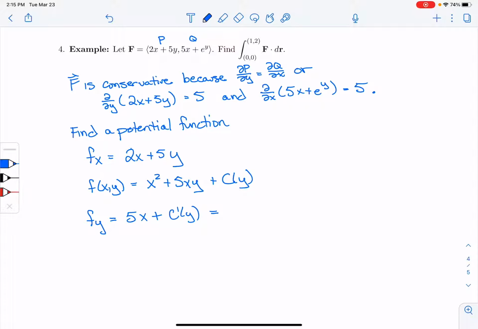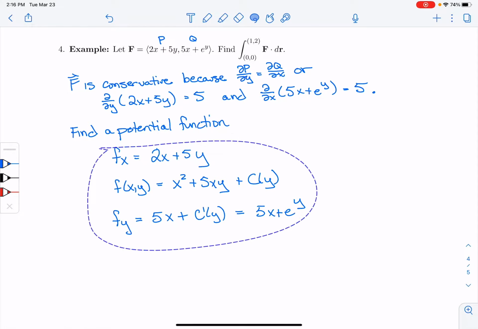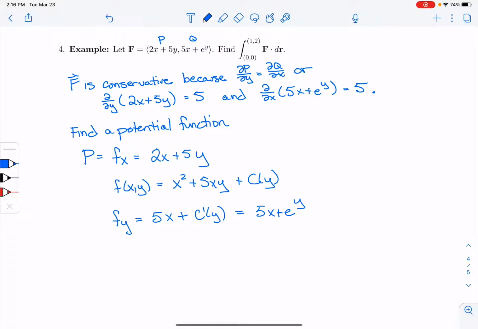I'm going to set that equal to 5x plus e to the y, because again, we should remember that P is supposed to be the derivative of our potential function with respect to x, and Q is supposed to be our derivative of the potential function with respect to y.